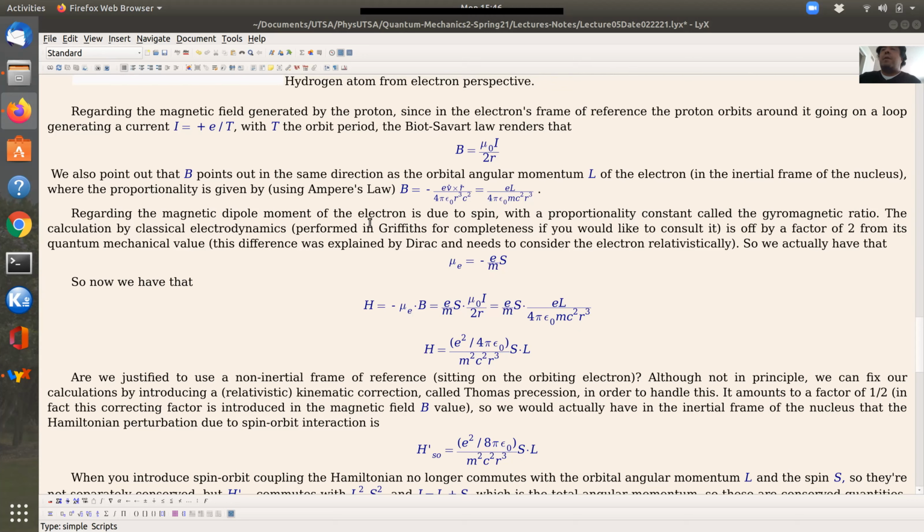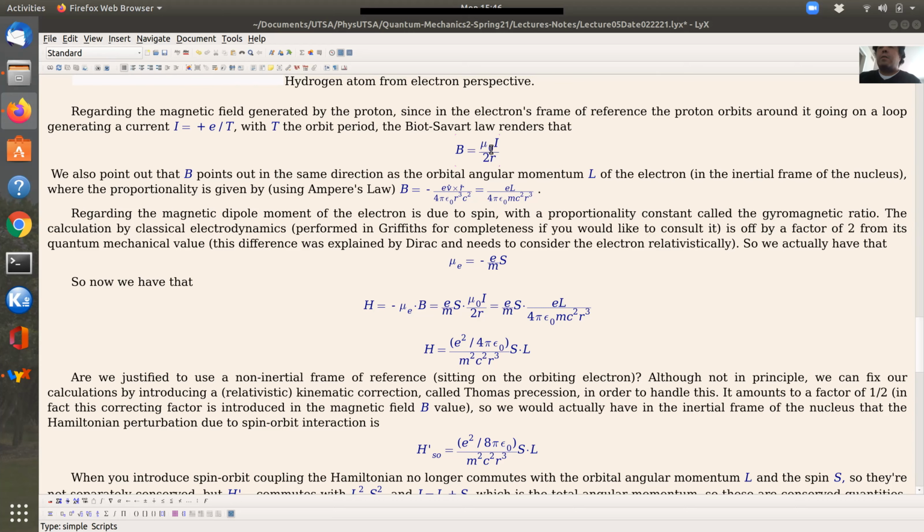So, well, after a picture has been presented, if we consider the magnetic field generated by the proton, the proton is describing a loop, and the current related to this circling is the charge of the proton, which is plus e, divided by the period, right? And so we can use the Biot-Savart law to calculate the magnetic field related to this movement.